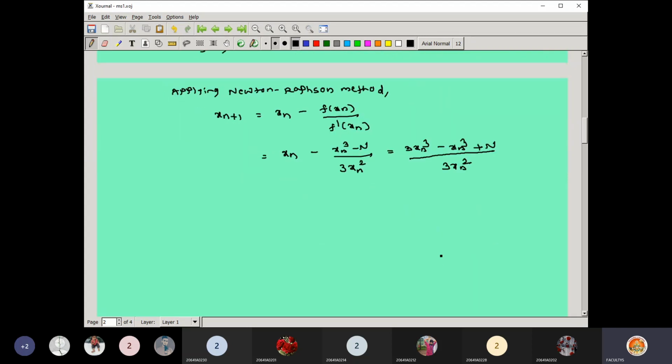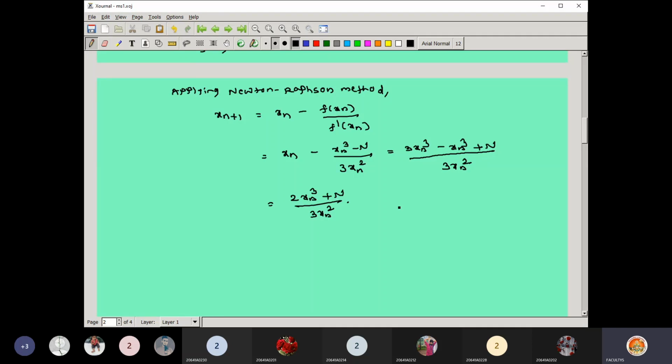On cancellation of xn cube, you are getting 2xn cube plus N divided by 3xn square. So this is the final formula by applying Newton-Raphson method in order to calculate cube root of a positive number.